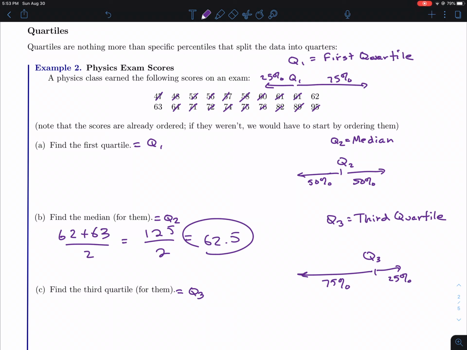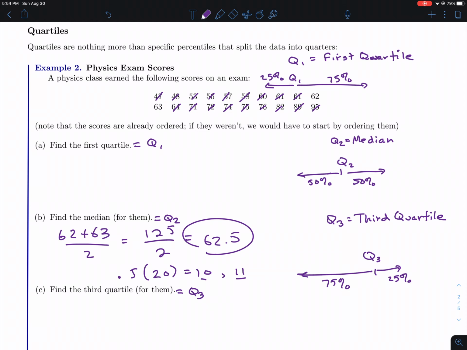The other way is you could actually do like we did before. Take 0.5, multiply it by 20, and that gives you 10. So again, that's telling us that the median is between the 10th and the 11th position. So that's another way that you could do it in that case.